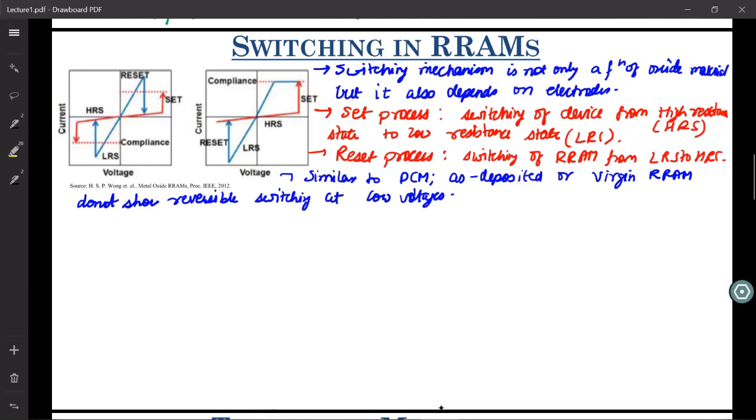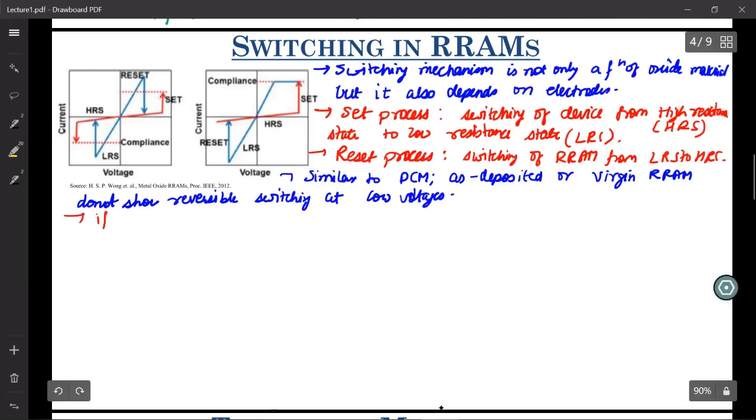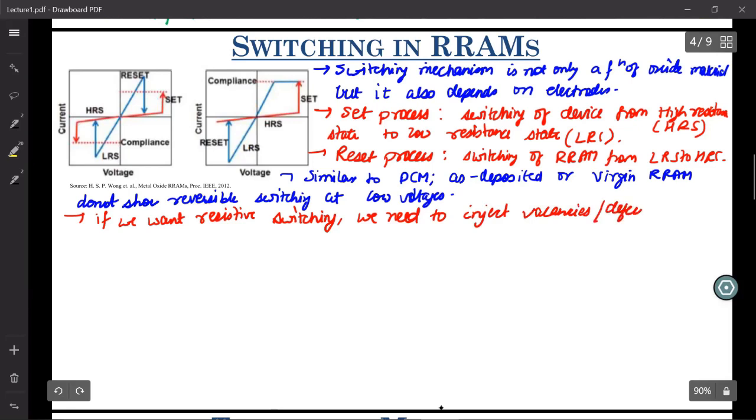And if you want to reversibly switch it between two different states, you need to inject some defects in there. So let me write that. If we want this resistive switching, what we need to do is inject vacancies or defects inside the virgin oxide films.